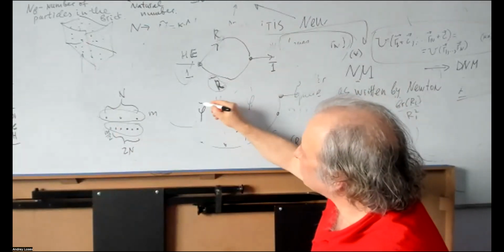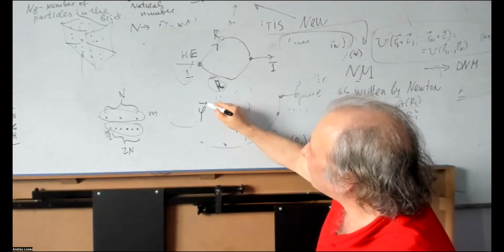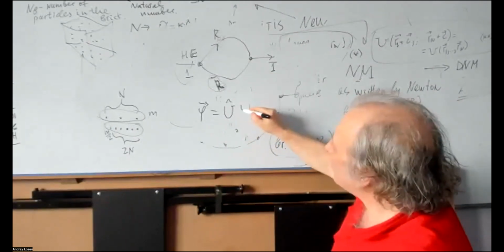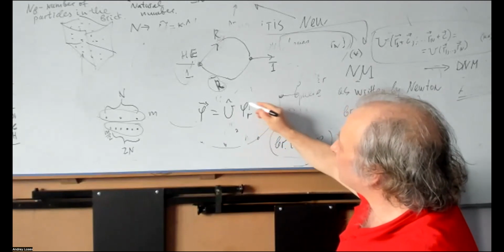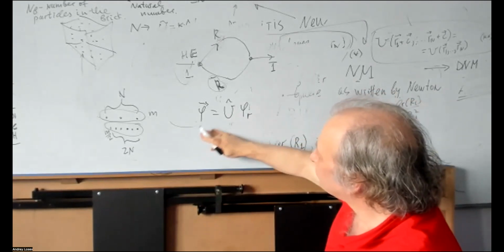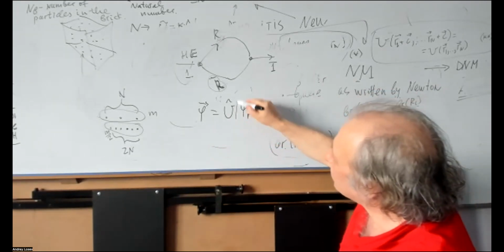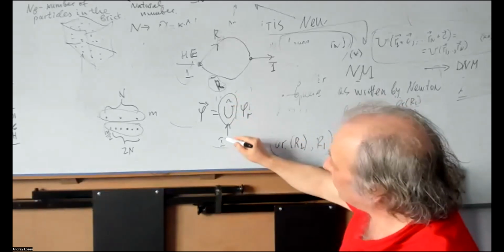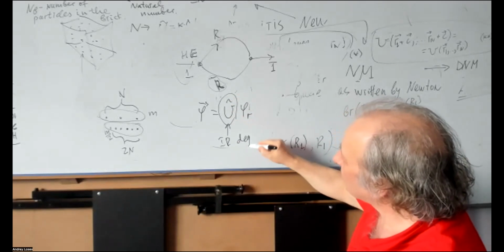Suppose you have a complex field phi, a vector. It could be represented as a matrix that is applying to the field phi radial. And this corresponds to infrared degrees of freedom.